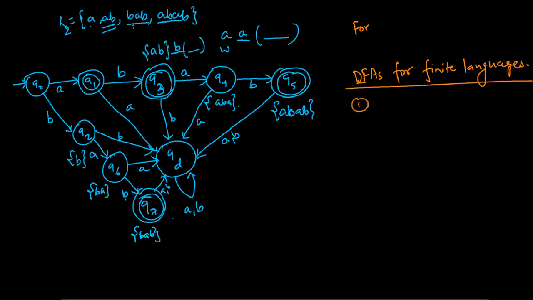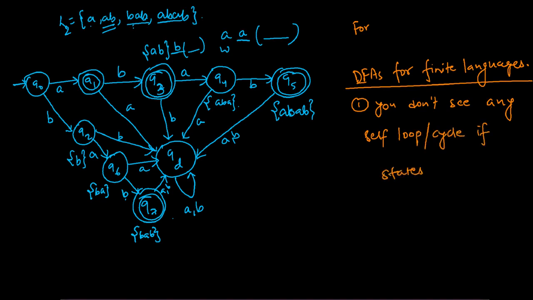Number one, you don't see any self loop or cycle on a state, if the states are non-final or final.